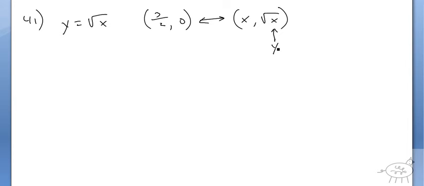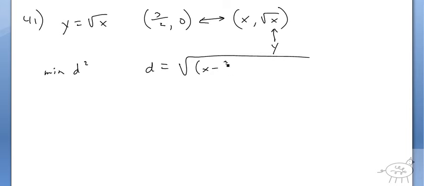And so if you minimize the square of the distance, so minimize d squared, isn't d equal to the square root of (x minus 3/2) squared plus (the square root of x minus 0) squared.